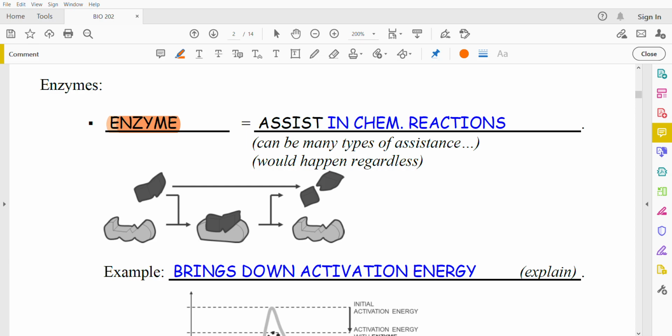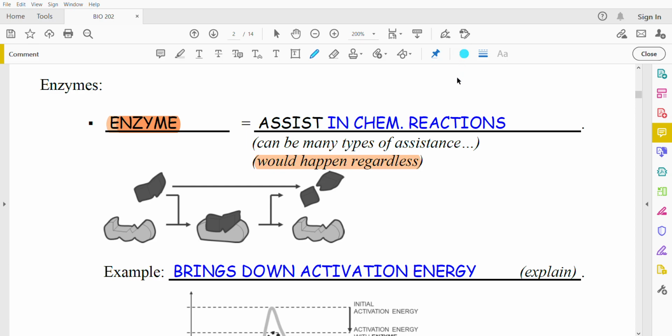But enzymes help with chemical reactions. And remember that there can be many different kinds of ways how this help or assisting happens. But the key thing here is that this reaction would happen regardless. No matter what we do, this reaction would take place regardless. So let's take an example.